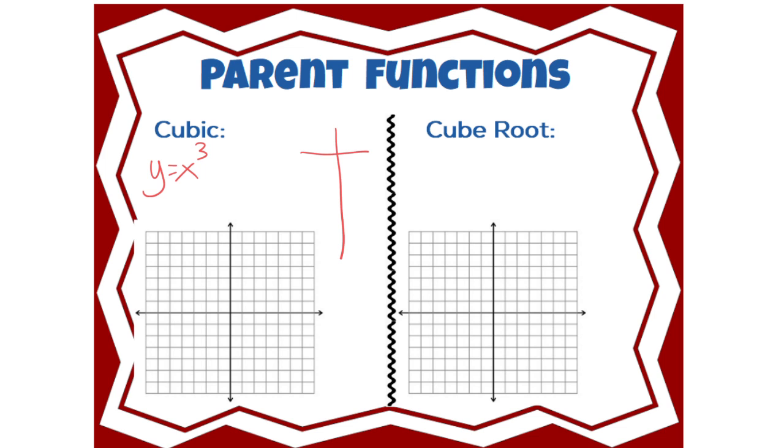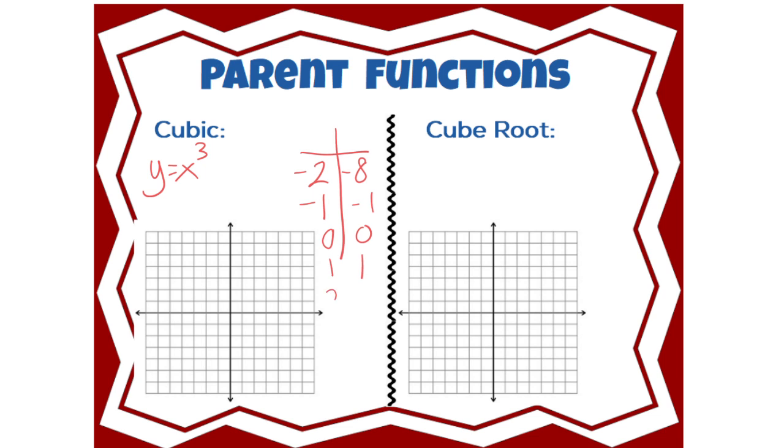So if I put in on this one, I'm going to put in a -2. If you cube a -2, it's going to stay negative. It's going to be a -8. If you cube a -1, it'll stay negative and be -1. If I put in a 0, I'll just get a 0 back. Now I'm going to go to the positives, put in a 1.